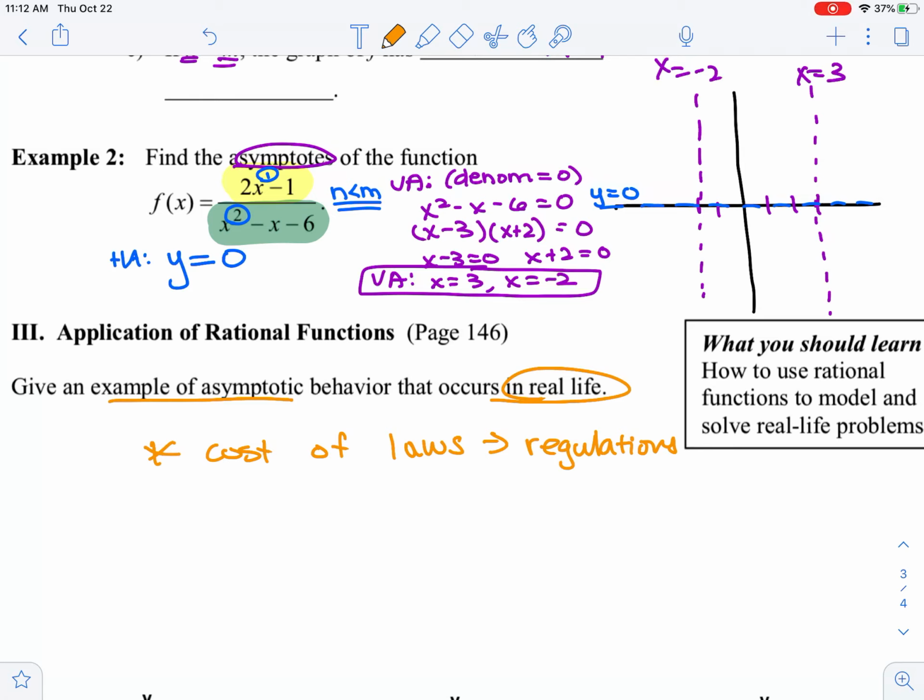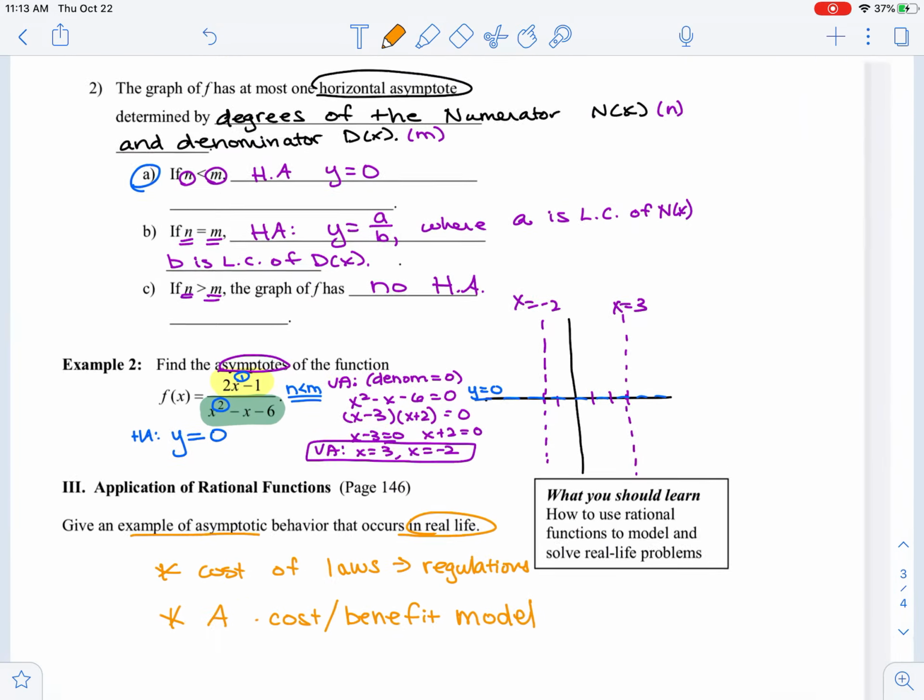Sometimes they say businesses have to reduce their pollutant output by a certain percentage. We could also say a cost benefit model. For those of you who are interested in going into business, a cost benefit model would also use asymptotes, because there are certain boundaries to costs and benefits as well.